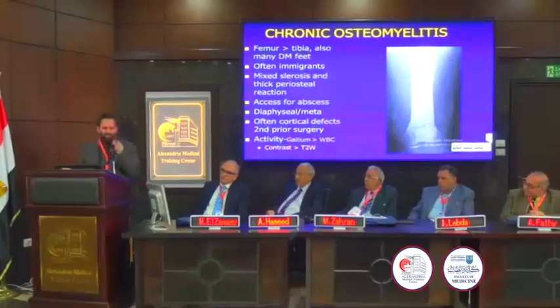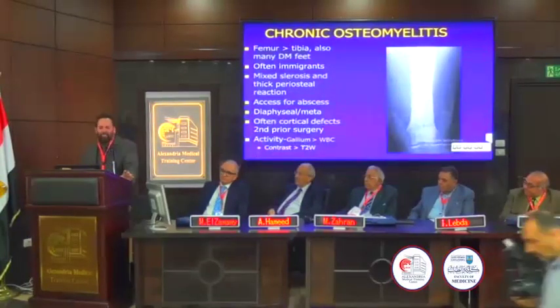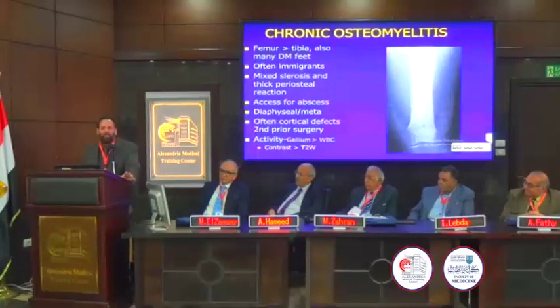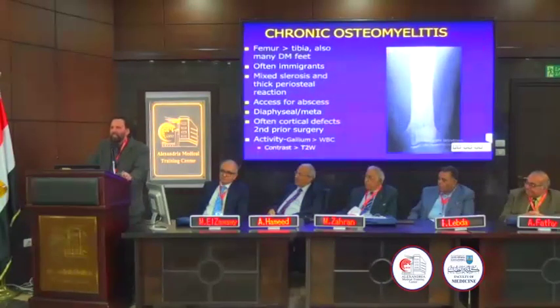Chronic osteomyelitis. Femur greater than tibia. But remember, many diabetic feet really have chronic osteomyelitis. In America, it's often immigrants. They show signs of healing with sclerosis and organized periosteal reaction. And a lot of times you see cortical defects, those that are iatrogenic from previous surgical decompression.